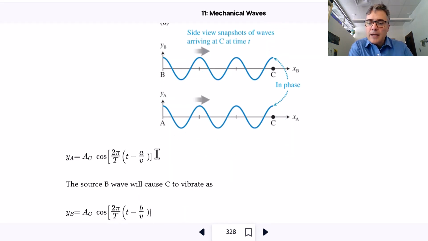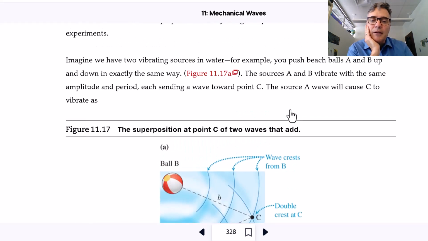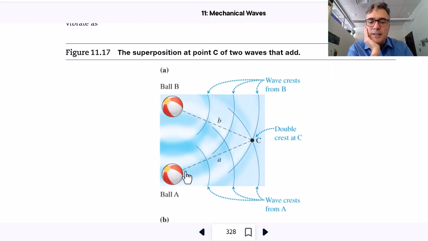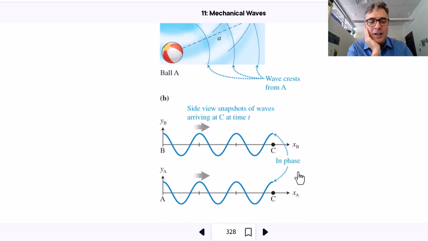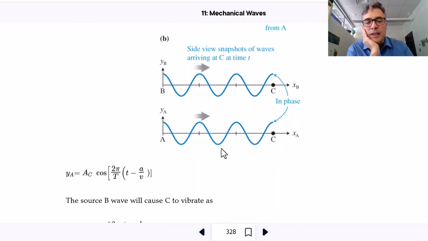So we're going back actually to section 11.2, when she introduced the equation for a wave, y equals A times cosine of 2 pi over capital T, lowercase t, minus x over v, x being the position. So we can imagine two different x-axes, one coming from ball B towards C and one coming from ball A. So these aren't the same direction, xA and xB, but they do mark a distance which can be plugged into this equation.